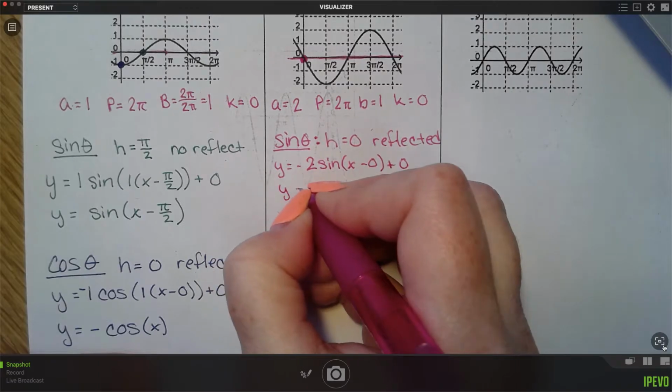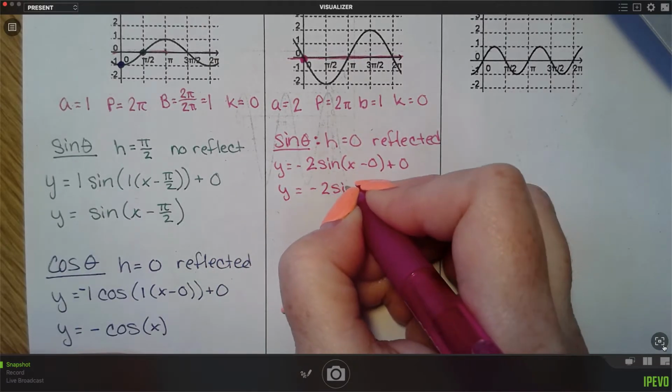So we have negative 2 sine of x. Is that what you guys got?